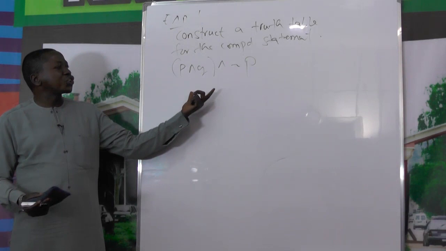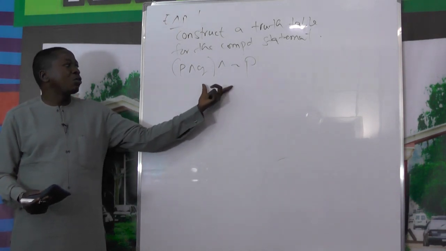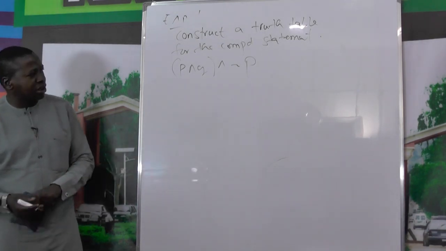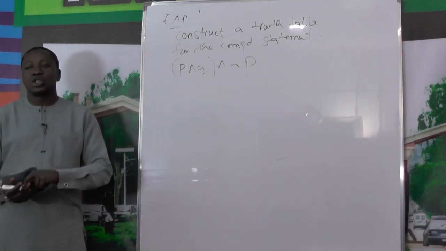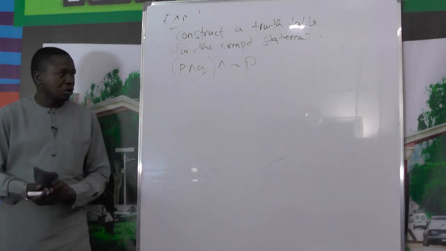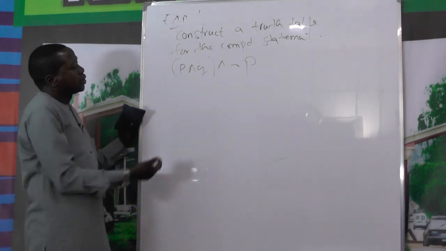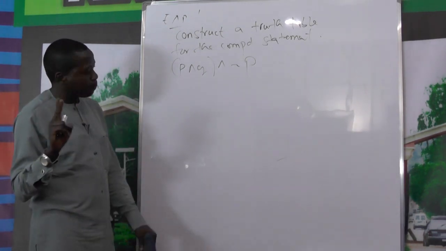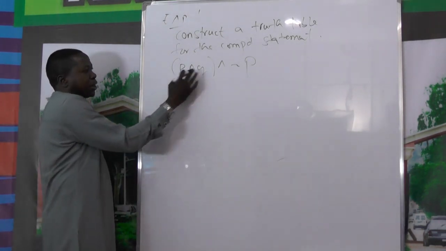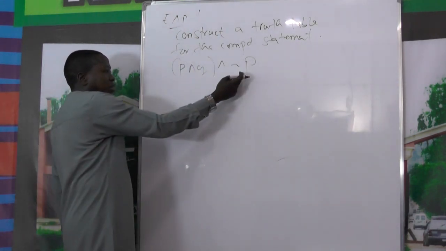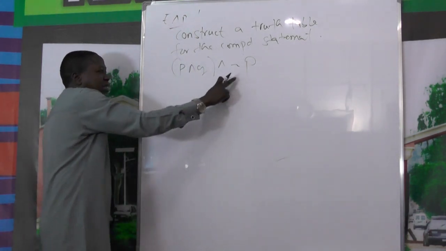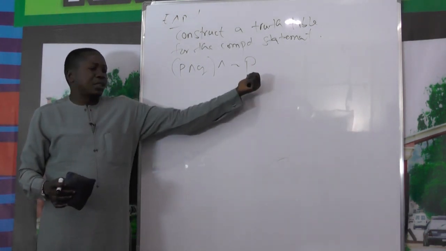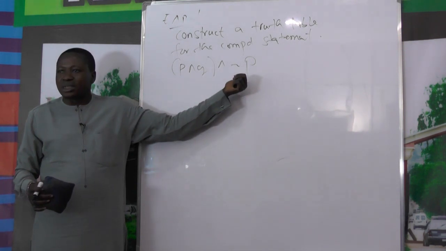So we are to construct a table for this compound statement. The first thing to do, you check your statement very well. How many statements do you have? That is the first question you ask yourself. From this, we are having two statements, P and Q. This negation is not a new statement. They negate P. So that's where we have negation of P. We can't call it a new statement.